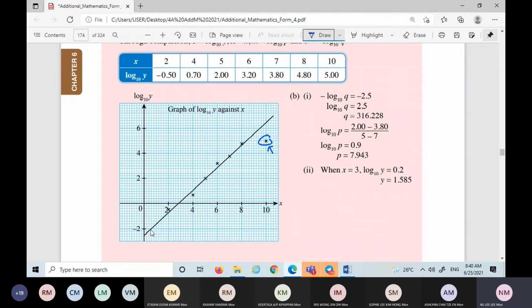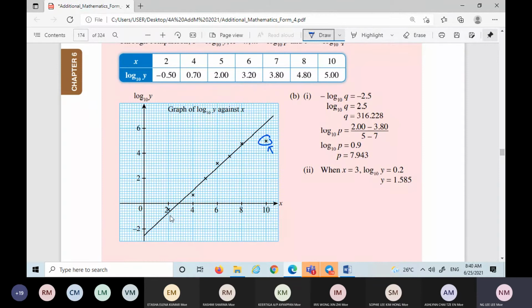So you see here, when you extend the line, the line cuts the capital Y axis quite below. If you didn't give space here, and you cannot read your Y axis from your graph, you got to erase all. You got to draw again.